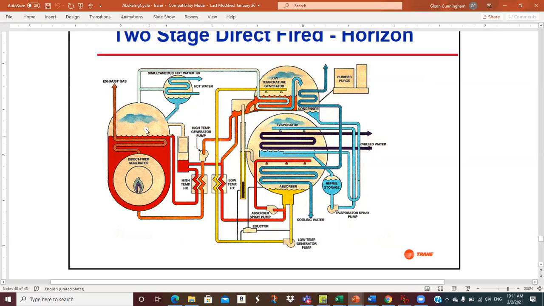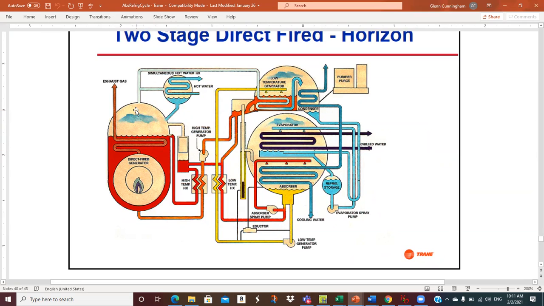So we're heating this stuff up. So we're generating our high temperature, high pressure vapor up here. And notice what we can do is we can take some of this vapor into this hot water generator. Okay, so we can, we're basically making steam down here. I mean, it's not a standard boiler because we got this lithium bromide water solution, but we're heating it up.